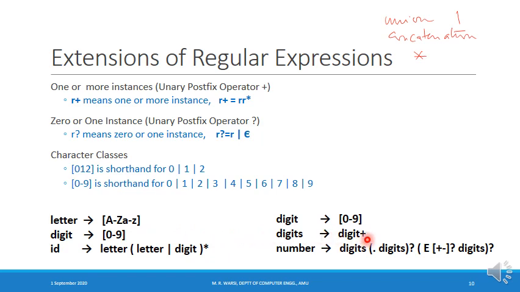That means one or more instances of the digit. In the specification of number, I am using the question mark operator. That means 0 or 1 instance of this may be there, it is optional, may be there, may not be there. Question mark again, question mark again. So when I use these extensions, the regular expression becomes compact, and it becomes convenient to write or specify the token.